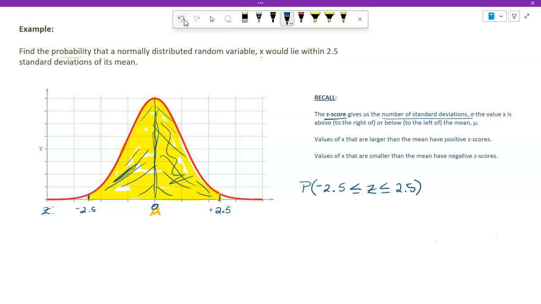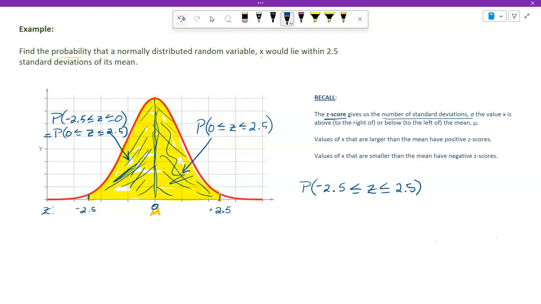So really, we can focus on finding this area, which is the probability that z is located between 0 and 2.5. And then on the left, the probability negative 2.5 less than or equal to z less than or equal to 0 is equal to the probability of 0 less than z less than or equal to 2.5.